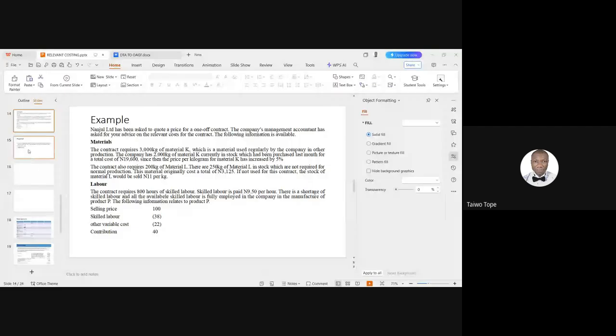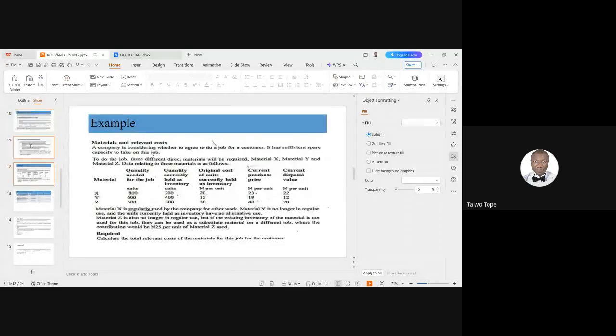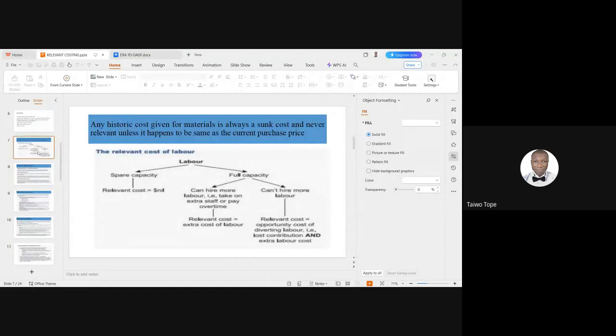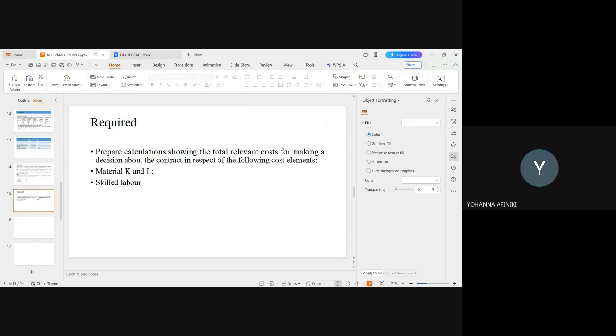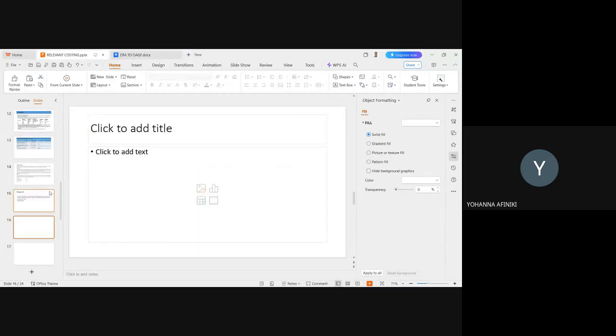Somebody should try. The total relevant cost will be what? The opportunity cost of the labor.